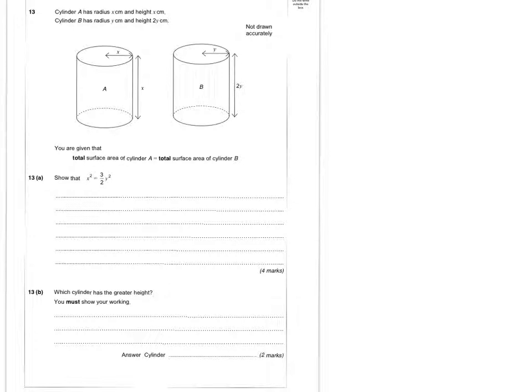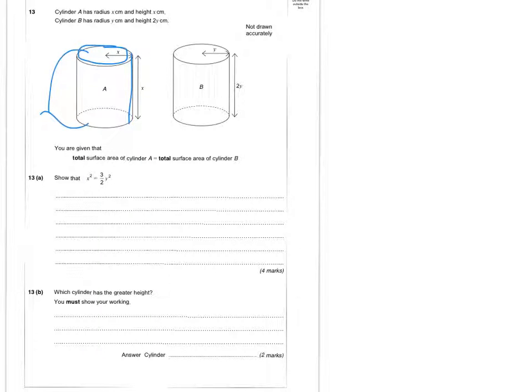Okay, well, the surface area is the circumference of the circle times x plus the two circles.